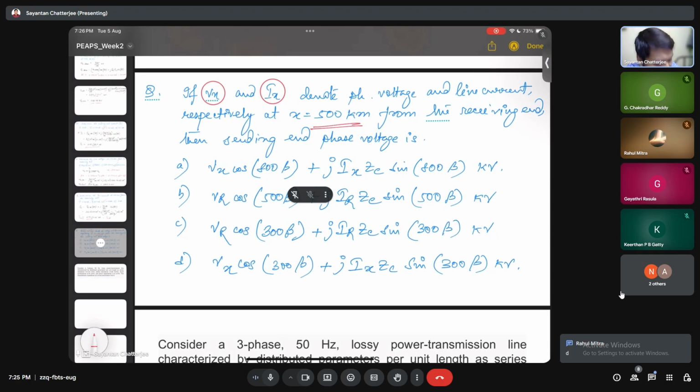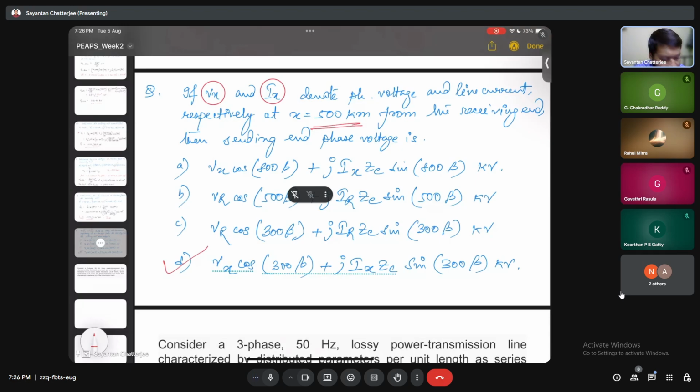D is the correct answer. From the sending end side, when it is 500 kilometers from the receiving end, that means it's 300 kilometers from the sending end, since the line is 800 kilometers.